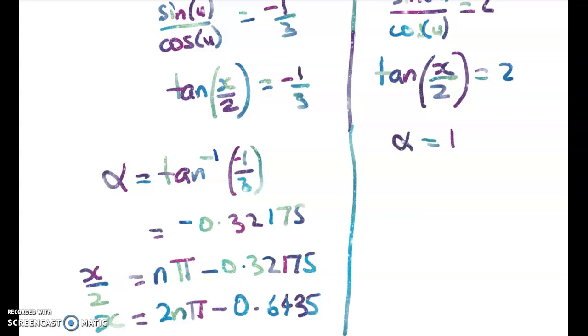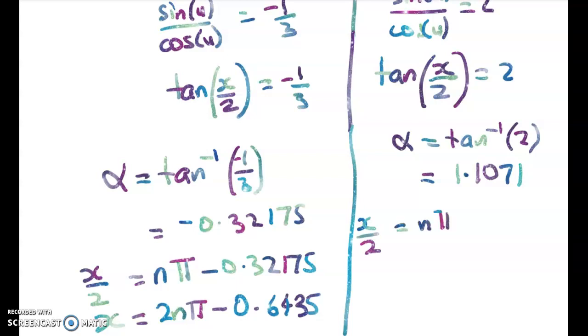Let's work through the other one. The alpha for this is the angle whose tan is 2, so that's the initial value, 1.01071. So x on 2 is equal to n pi plus alpha. X is equal to 2n pi plus 2.2142.